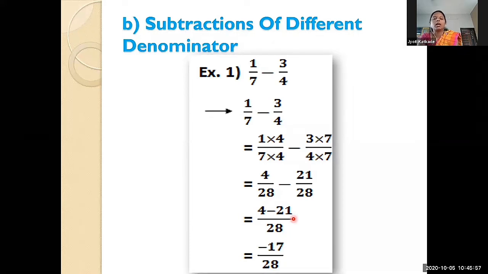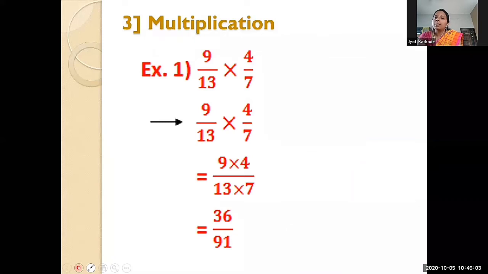Now, the third operation is multiplication. See the next slide. Multiplication. Okay. For example, 9 divided by 13 into 4 divided by 7. In multiplication, it's very simple. Multiply numerator with numerator and multiply denominator with denominator.